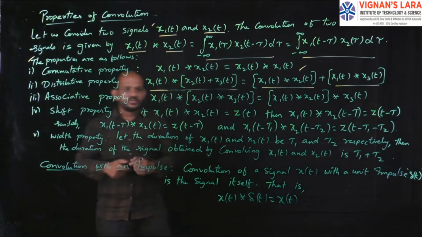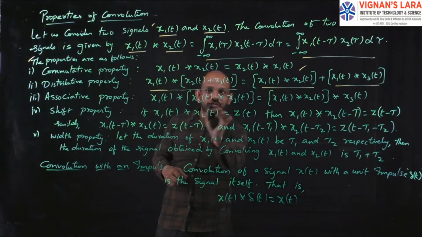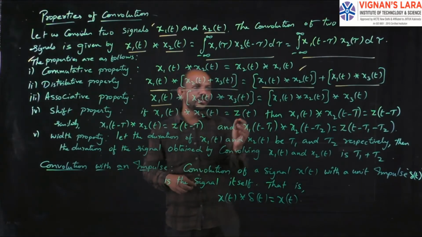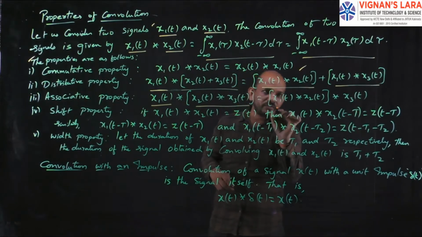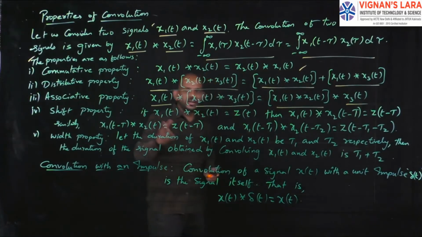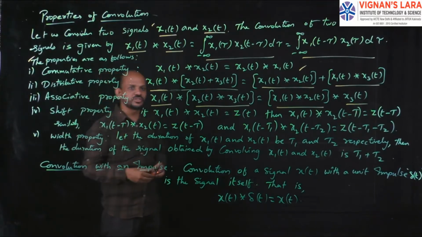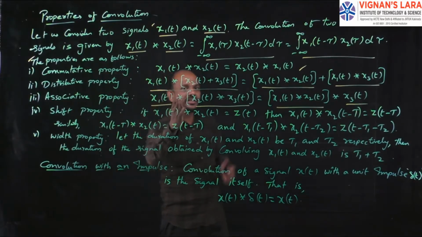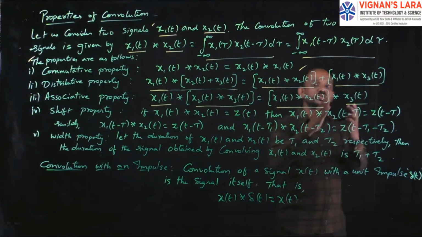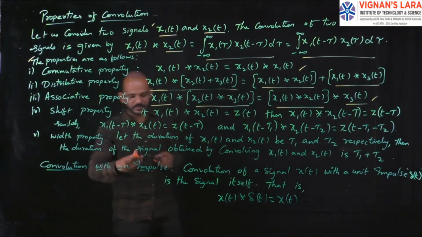In the same way, here also I consider three signals x1 of t, x2 of t and x3 of t, and the associative property of convolution states that x1 of t convolution x2 of t convolution x3 of t will be equal to x1 of t convolution x2 of t, the whole thing convolved with x3 of t. This is nothing but the associative property.